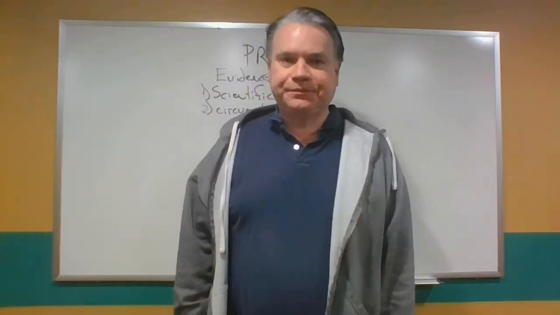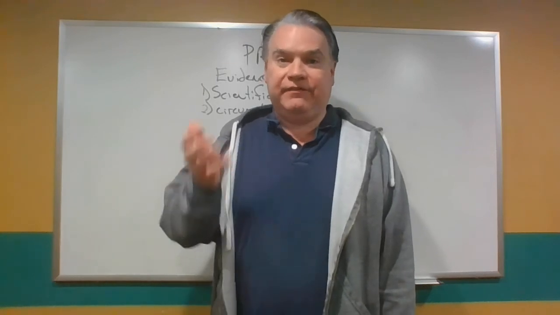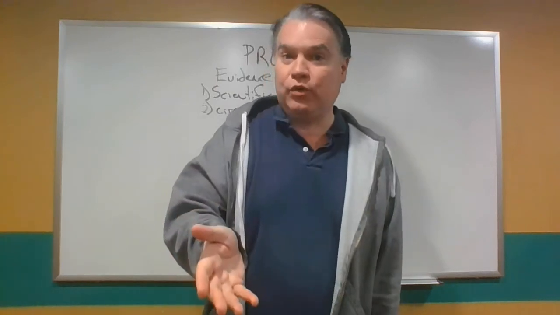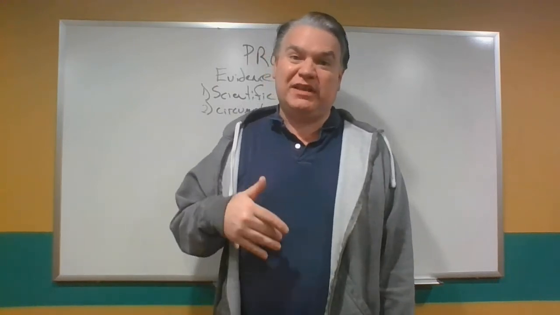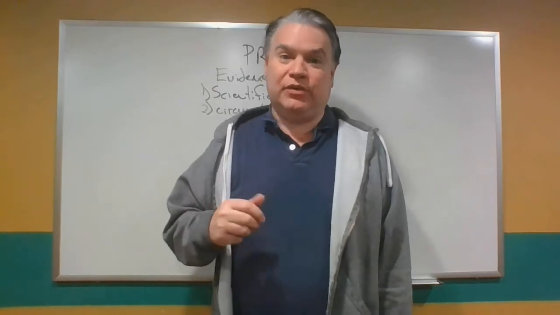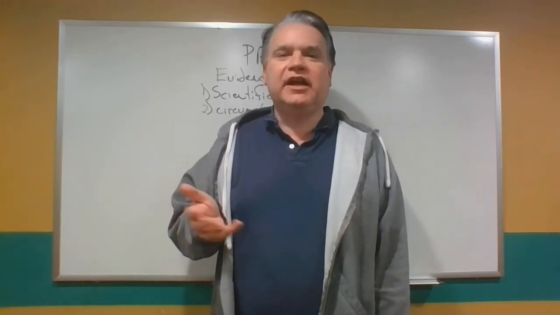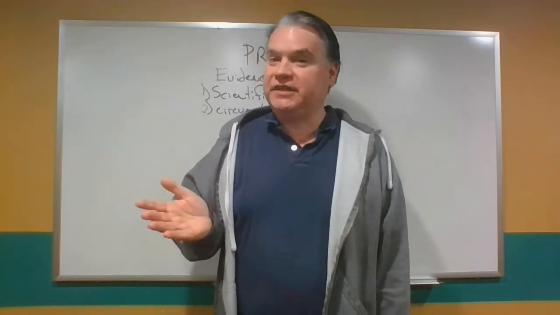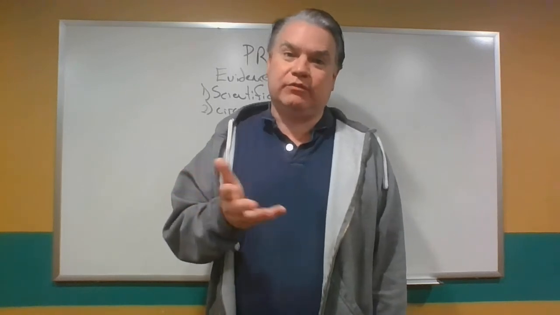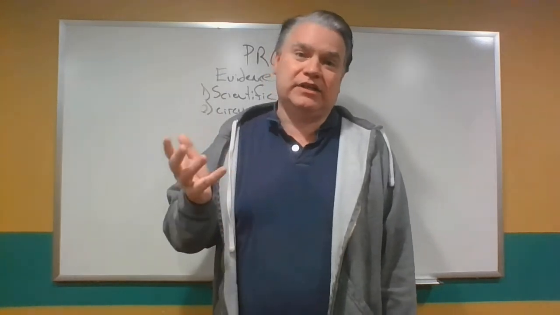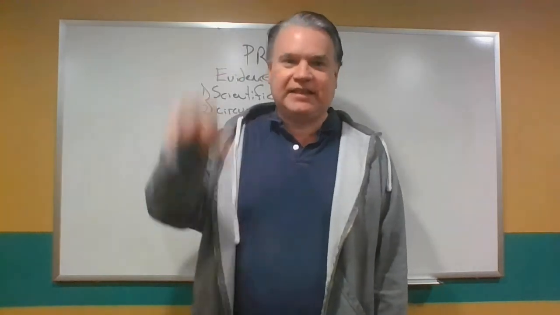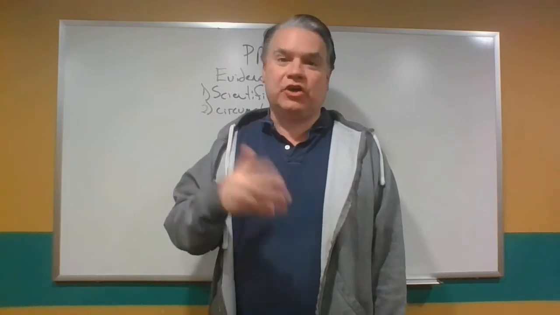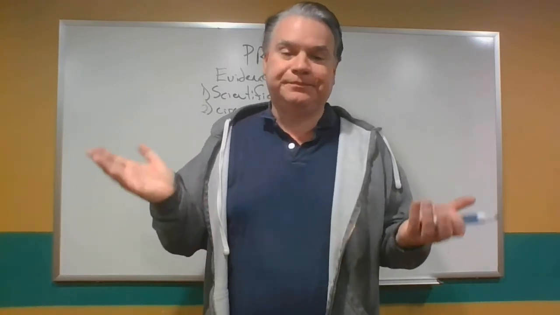So, for instance, if you wake up in the morning and you look out the window and you see there's snow on the ground, and before you went to bed, you looked out the window and there wasn't any snow on the ground, you can infer that it snowed while you were sleeping. That's circumstantial evidence. It's not direct evidence that it was snowing because you didn't see the snow come down. You were asleep. But it's circumstantial evidence that that's exactly what happened while you were sleeping. The snow was coming down because you saw the results of it the next morning.